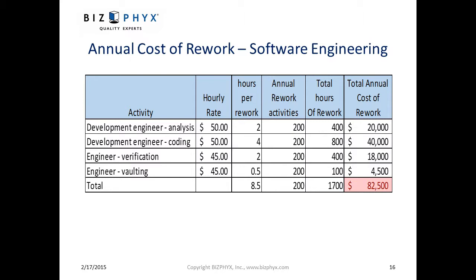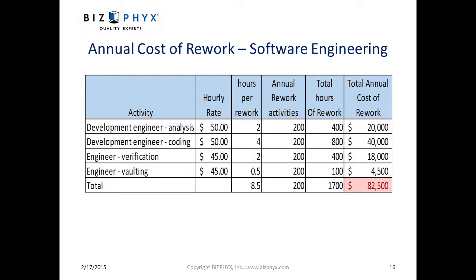We need to test it with some verification, and we need to implement that fix into our software process. Now, we know the hourly rates of our engineers. That's pretty straightforward. We can also estimate how long it takes to fix the bug, how long it takes to analyze it, to recode it, to test it.